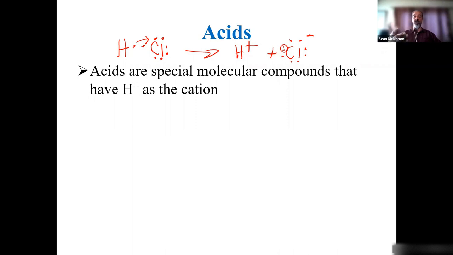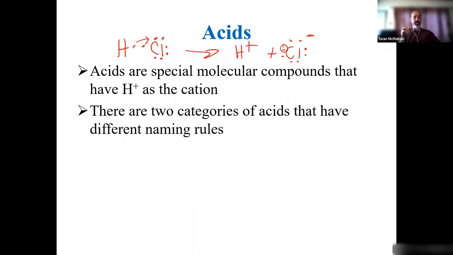So that's what acids do. They're covalent compounds, which means non-metal, non-metal, but one of the non-metals is hydrogen, and when you throw it in water, it acts like an ion, loses its electron, and that's because the water molecules can stabilize the charge and surround that proton.